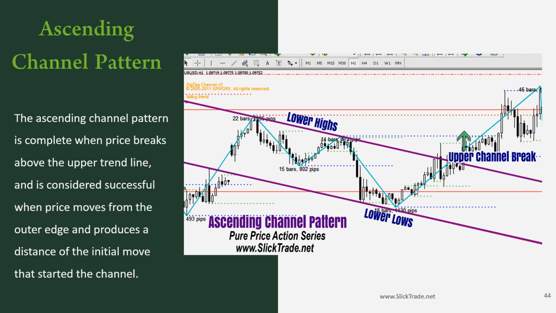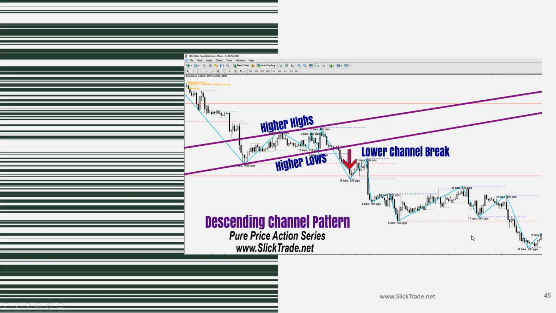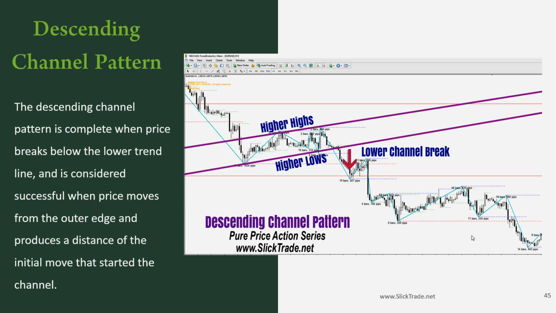I don't know how else you really want to word that. But that's considered a successful move. Obviously, when it breaks that upper part, since you have the lower highs, lower lows with an ascending channel, you break up, you'd be entering a long. And the opposite for a descending channel.